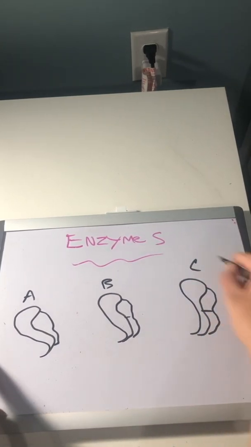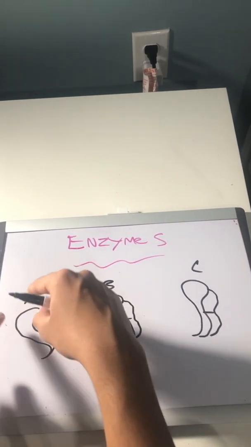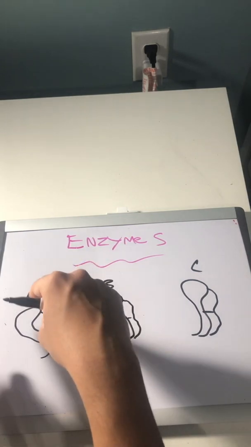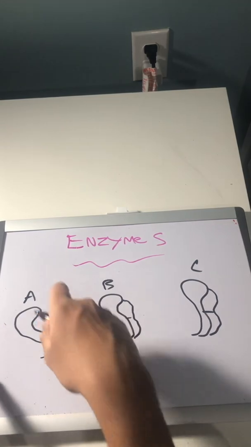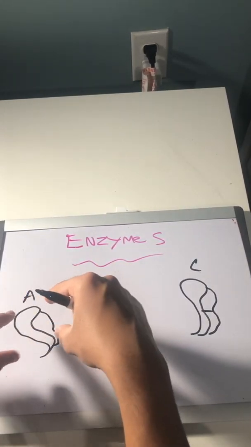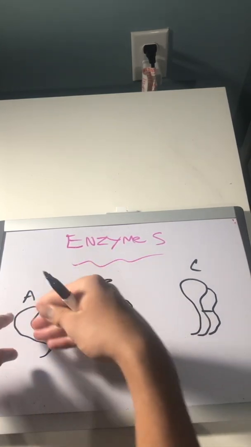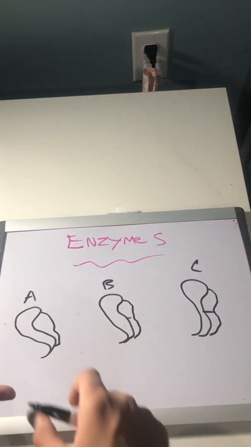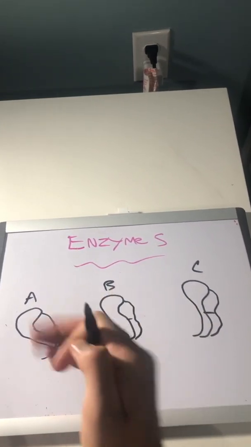This product can bind to the allosteric sites here, or it can join the allosteric sites right here, and it can basically denature this whole enzyme. As product C denatures the whole enzyme, the substrate can no longer bind with that particular enzyme, which stops this whole chain of intermediate reactions. So basically, that's how our body stops it if it has too many products.